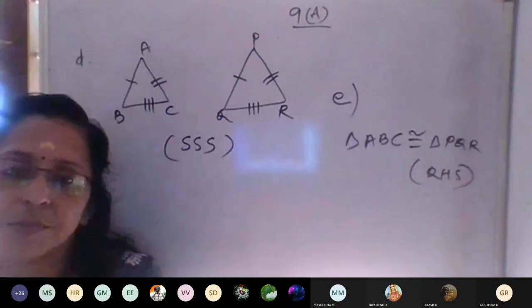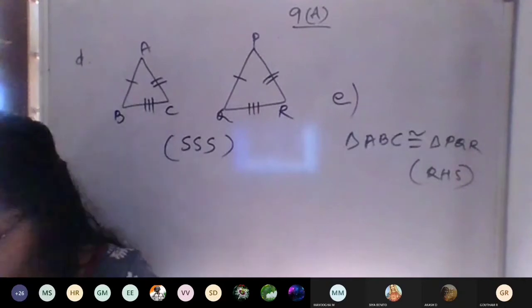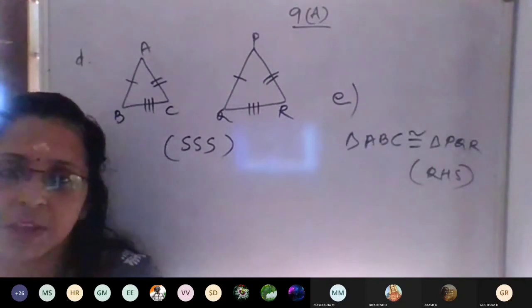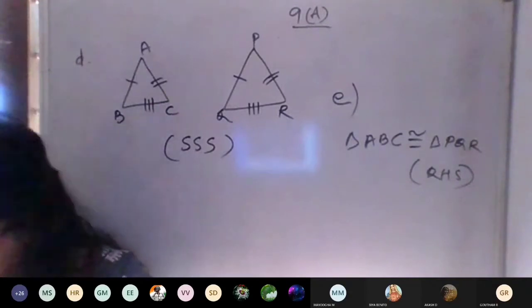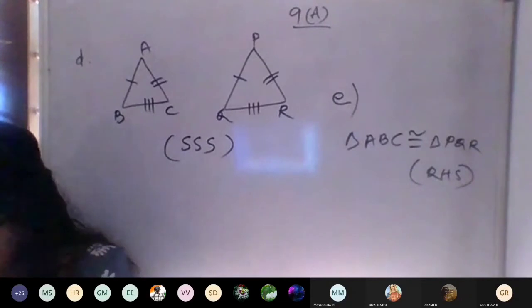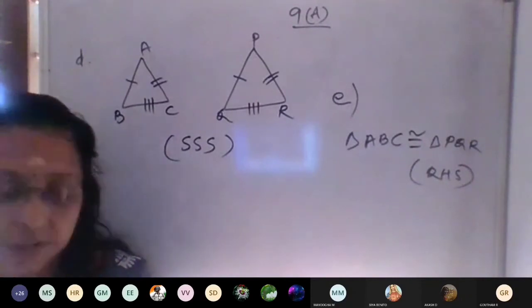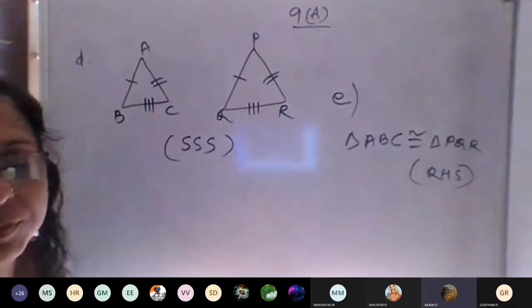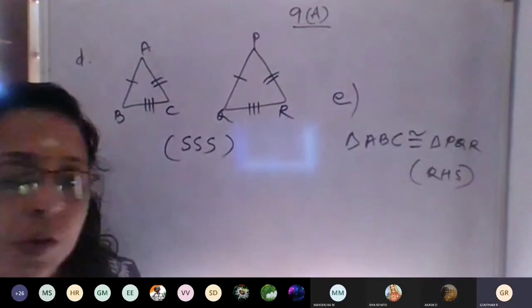You calculate the sides using Pythagoras theorem: two sides will be given and the third side we have to find out. But here we have to find out that OP is perpendicular to AB. Second question. Just read the question. Completed? Yes, ma'am.